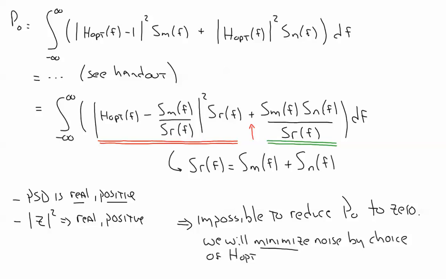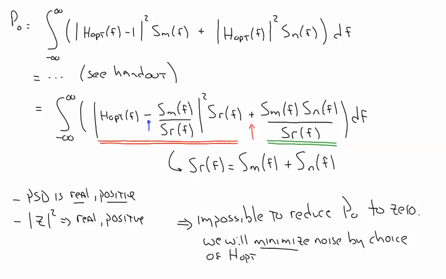The second part, the part of my integrand that I've underlined in green, will always remain no matter what I choose as my optimum filter. But due to this minus sign, it is possible for me to choose an optimum filter in such a way as that first term completely cancels out, thereby minimizing my output noise power.